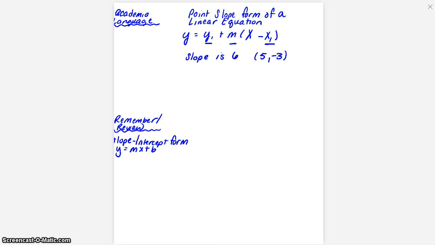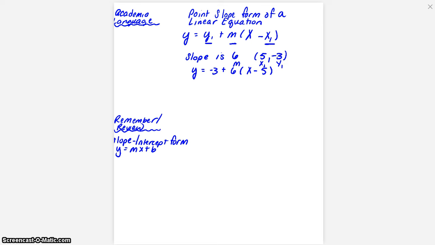So we have y equals, y and x stay the same like they do in the slope-intercept form, and the y1 and the x1 are these two numbers here. Okay, so y equals y1, which is -3, plus m, which is 6, times x minus x1, which is 5.